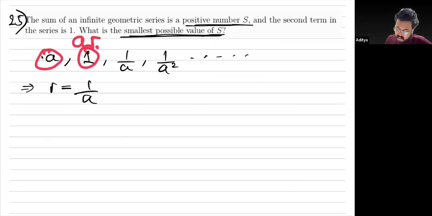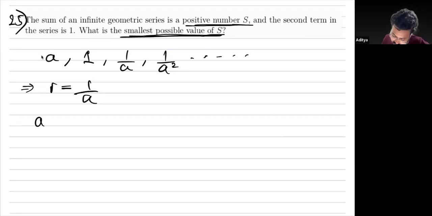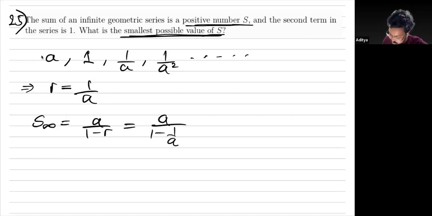But AR, if it is equal to 1, then common ratio is 1 upon A. Adya, no, Adya, not correct. Try again. So from S equals A upon 1 minus R, which is equal to A upon 1 minus 1 by A, or in other words, you get A square upon A minus 1.